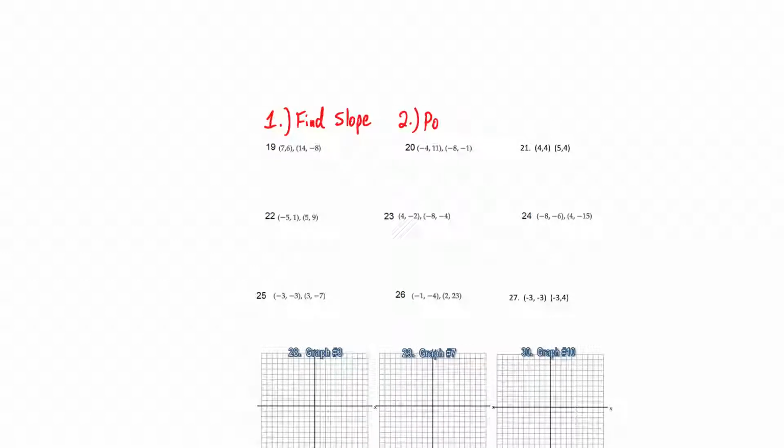Number 2, you're going to take that slope and one of the points and put it into point slope form. And then finally, for the third step, you're going to convert that into the slope intercept form. So that'll be the steps for each one of those. Find the slope first, put it in point slope, then convert to slope intercept.